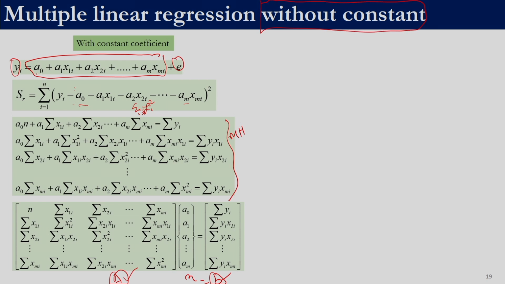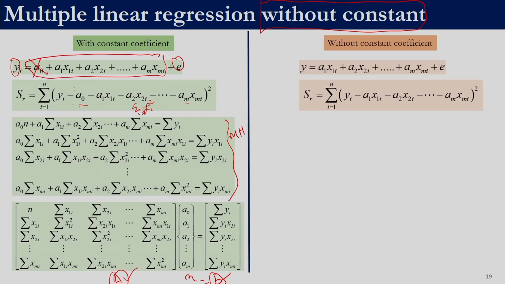If the model does not have this a naught, everything remains the same. So, this a naught is not there. The definition of SR is still the same: yi minus the model without a naught, that is, without the constant coefficient.